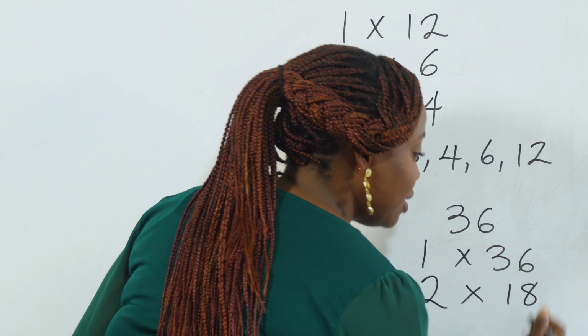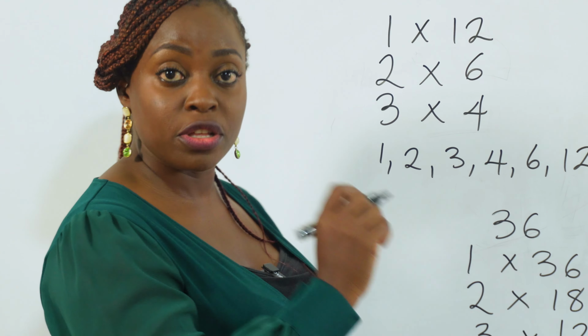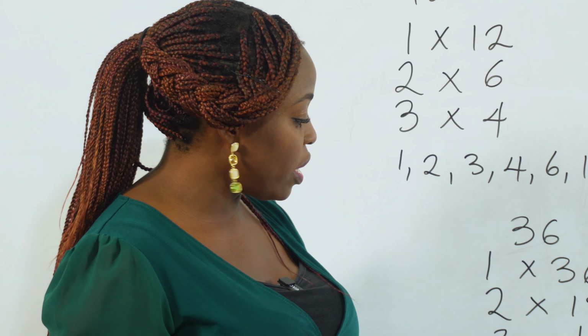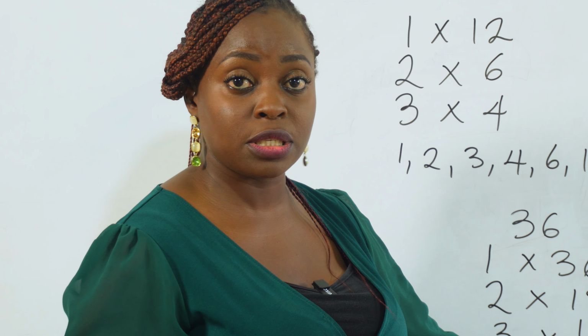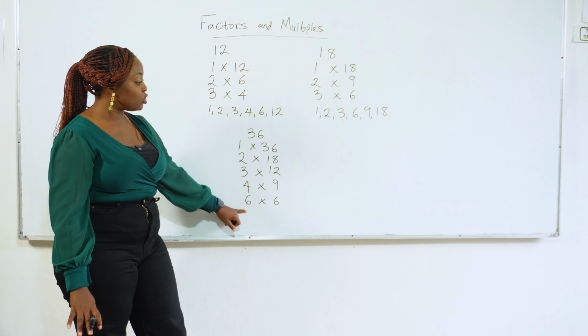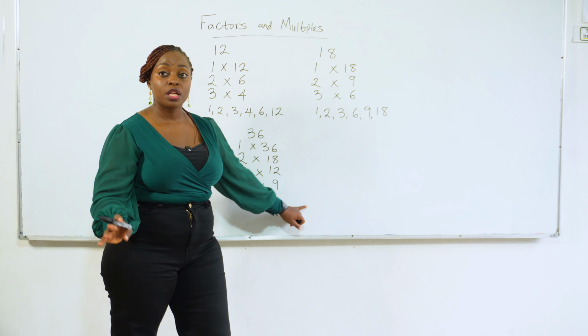Good. 36 is not in the 5 times table, so 5 is not a factor of 36. What about 6? Yes, 6 times 6 will give me 36. Now, when you have a number here and the exact same number on the other side, that's another way to know that you are done and there are no more factors for that number. So this tells us that we're done listing out the factors for 36.